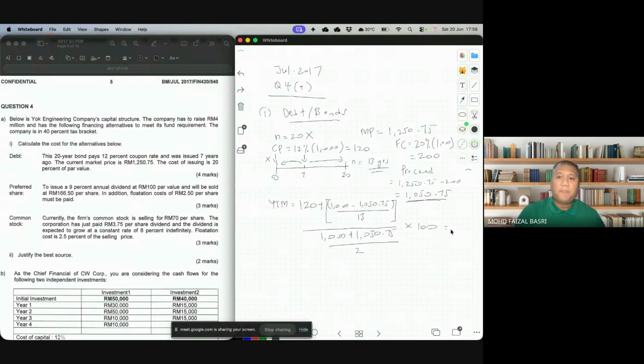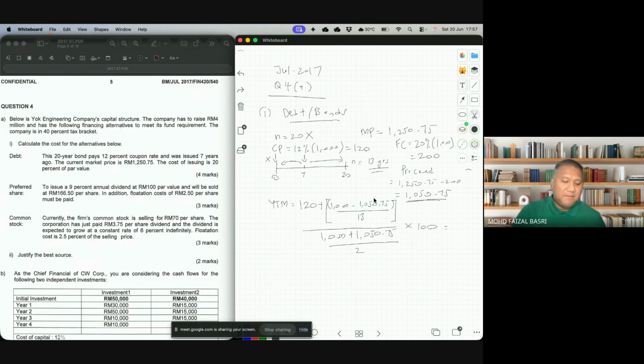Right. So 1,000 minus 1,050.75. So we get a negative 50.75. So bila dia negatif, biar akan negatif, you don't convert into positive amount. So memang ada possibility to get a negative amount dekat sini, especially if our proceed is based on premium. So bila dia premium lebih daripada 1,000, there's a possibility of a negative amount kat sini.